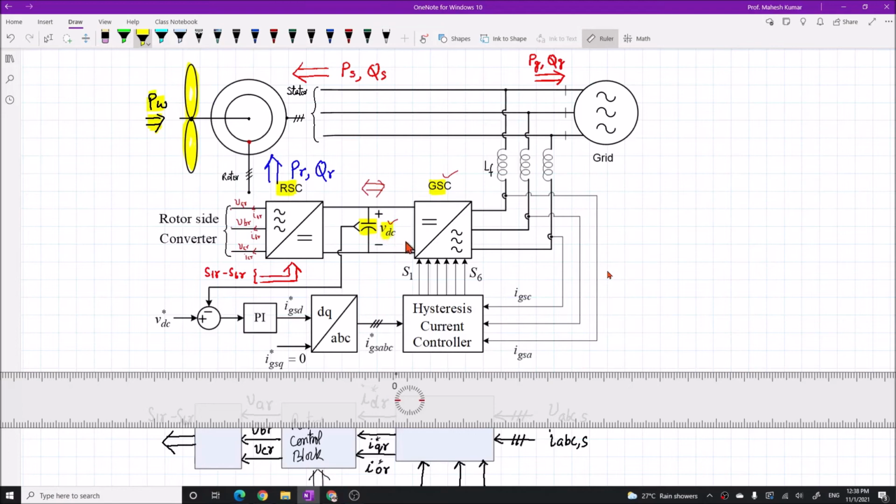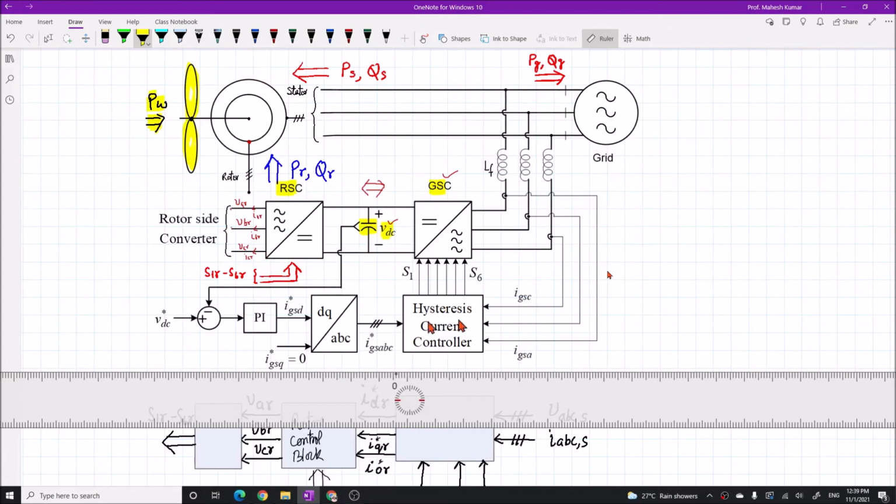That actually means that we are exchanging the real power for the rotor through this path with the help of the stator terminals. So there is a power flow to the rotor circuit in order to balance the power flow and to take care of the maximum power extraction from the wind. Okay, so that is about the rotor side.